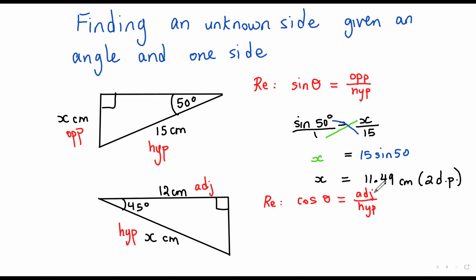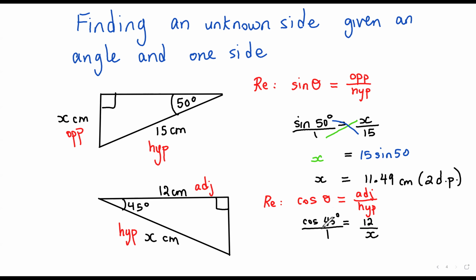Now let's substitute our values in there. Our angle of interest in this case is 45 degrees. So cos of 45 degrees is equal to the adjacent side, that's 12, over the hypotenuse, which is x. Put the side with cos 45 over 1 and cross multiply.